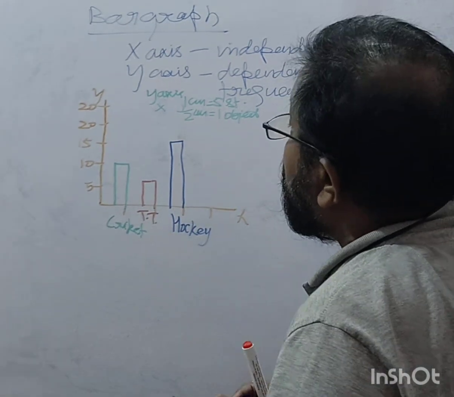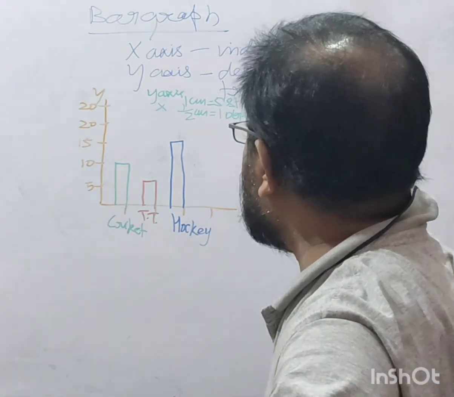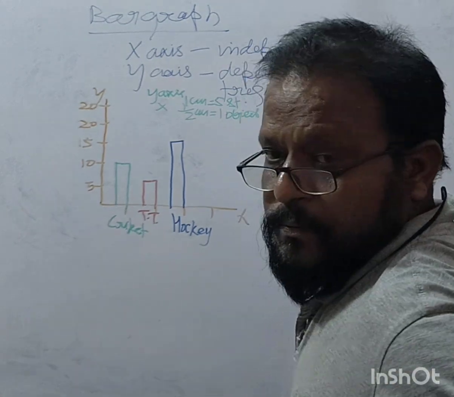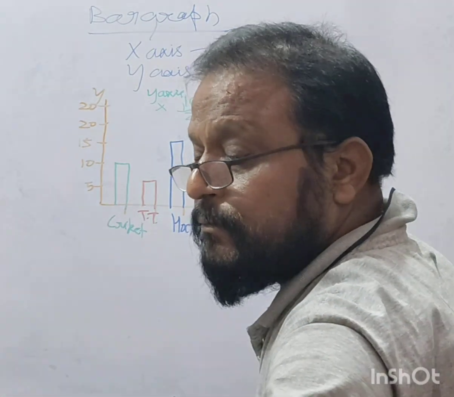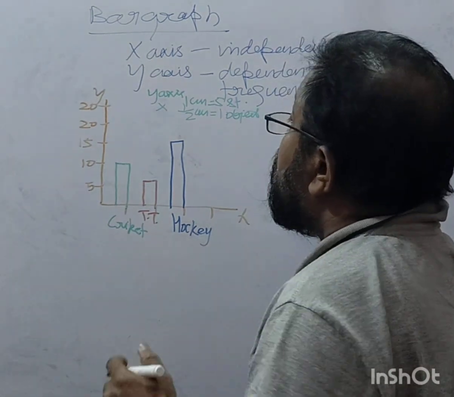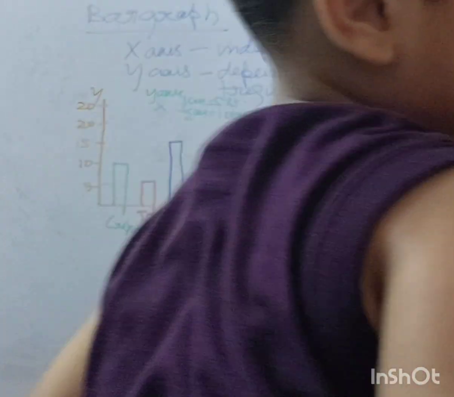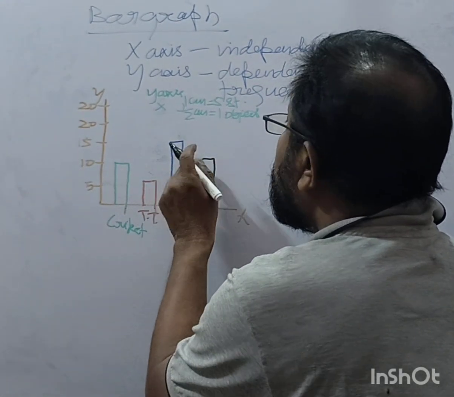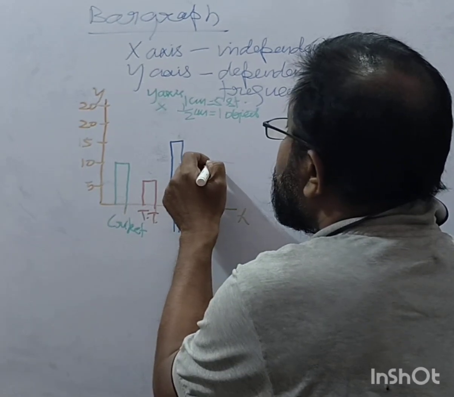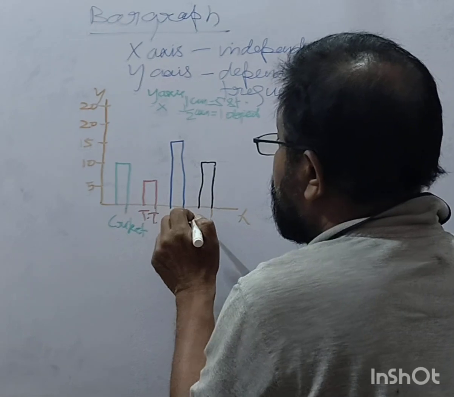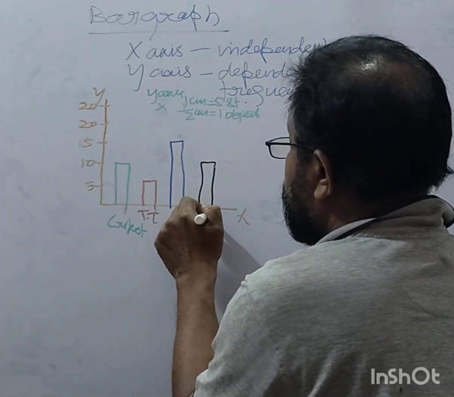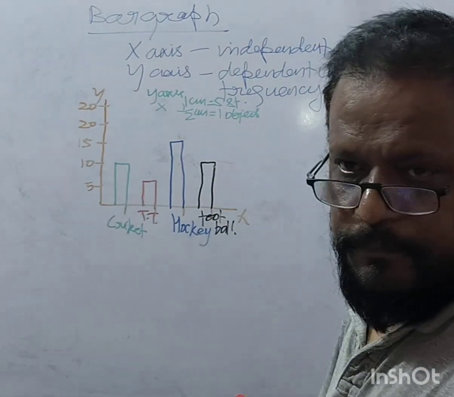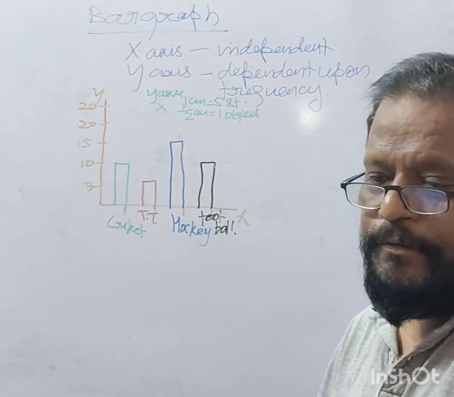And say 10 students play football. This is what we have: a bar graph. Okay.